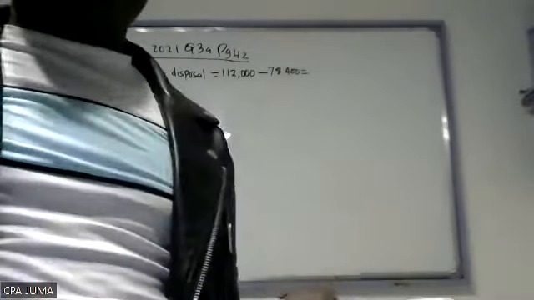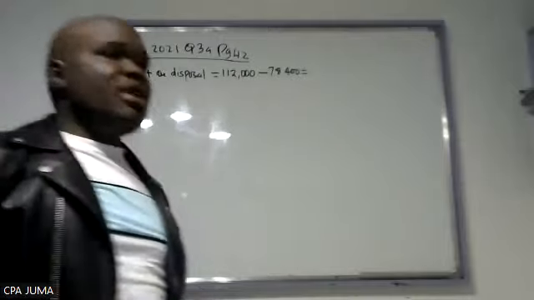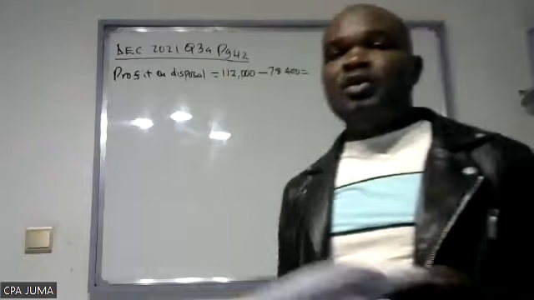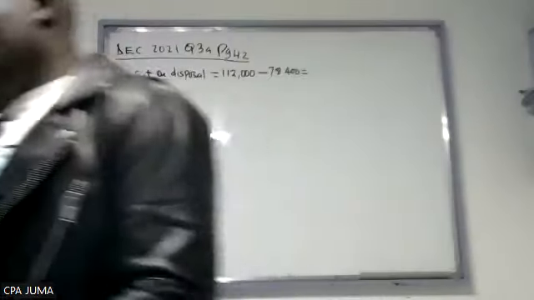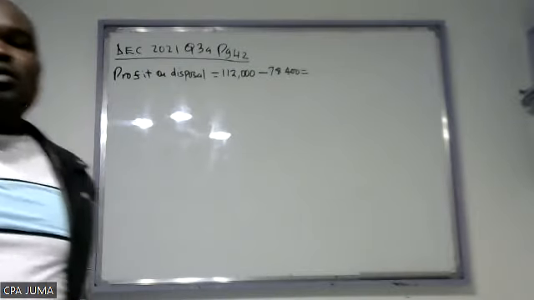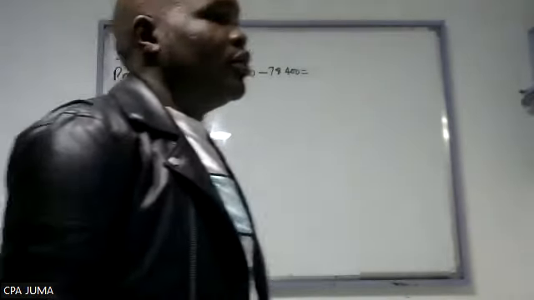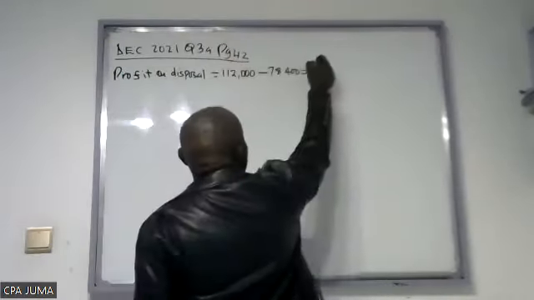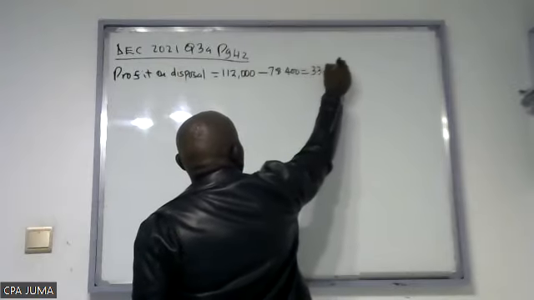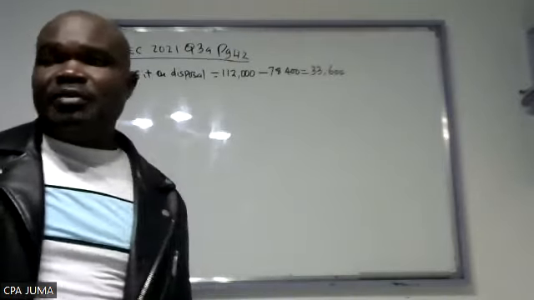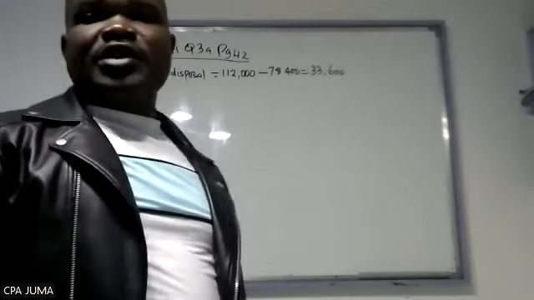How much will the profit on disposal be? People are getting 33,600. Thank you. 33,600. That is the profit they made when they sold that asset.